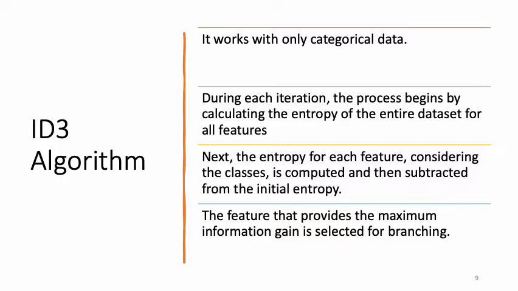During each iteration, the process begins by calculating the entropy of the entire dataset for all features. Next, the entropy for each feature, considering the classes, is computed and then subtracted from the initial entropy. The feature that provides the maximum information gain is selected for branching.